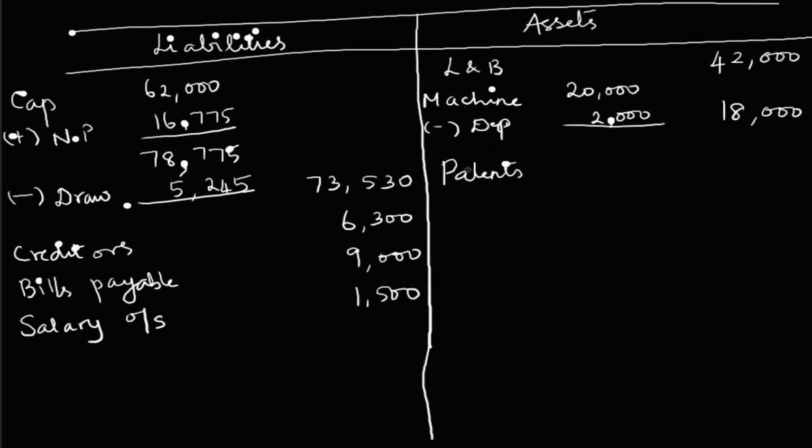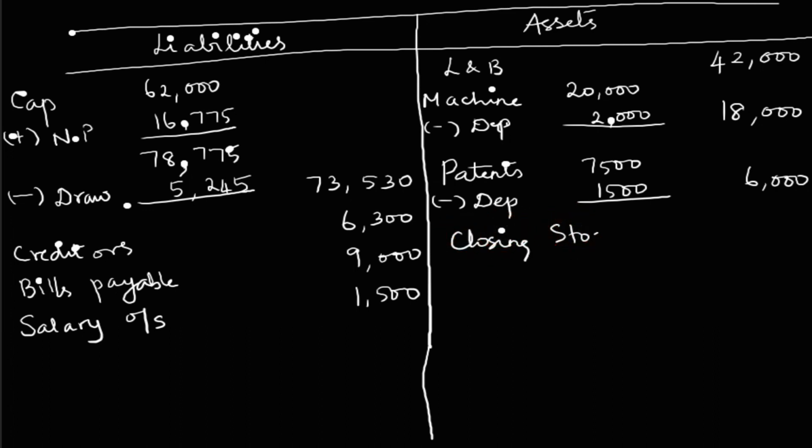Patents again you have depreciation to adjust. Closing stock is an adjustment. You're showing it in two places. First you showed it in the trading account, now again in the balance sheet. Then you have debtors. You have provision for bad debts, so you have to deduct that from this value.